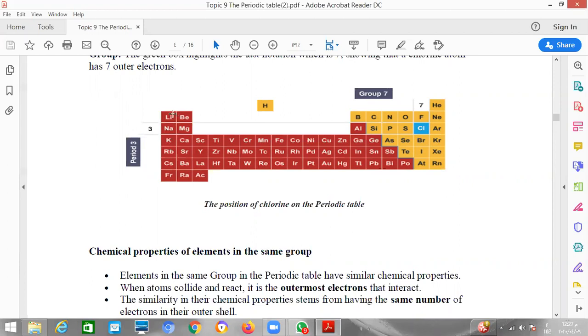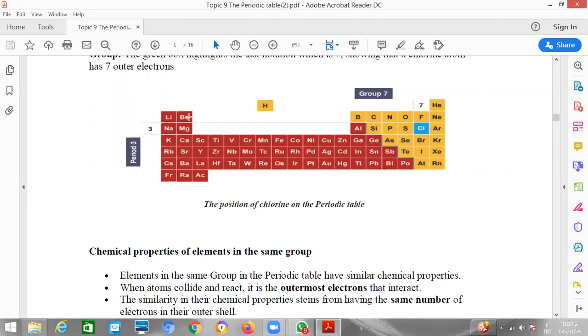What about elements which exist in the same group in the periodic table? Elements in the same group have the same chemical properties. The chemical properties of lithium are exactly like those of sodium, potassium, rubidium, and so on.